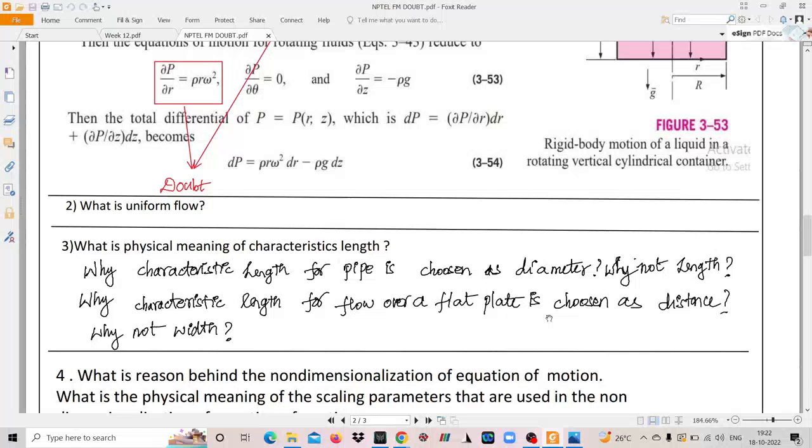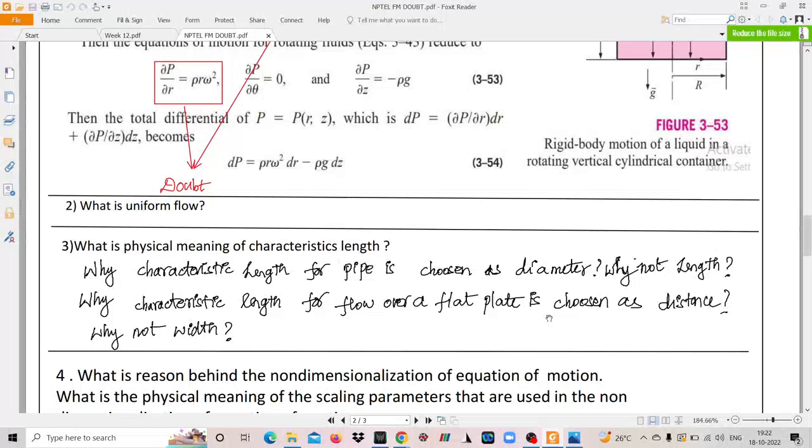You can perform the experiments in labs, or you can perform some computer simulations. But at the end of the day, we expect some results, either numerical or laboratory, and then see how much these results agree with the actual values that are expected.